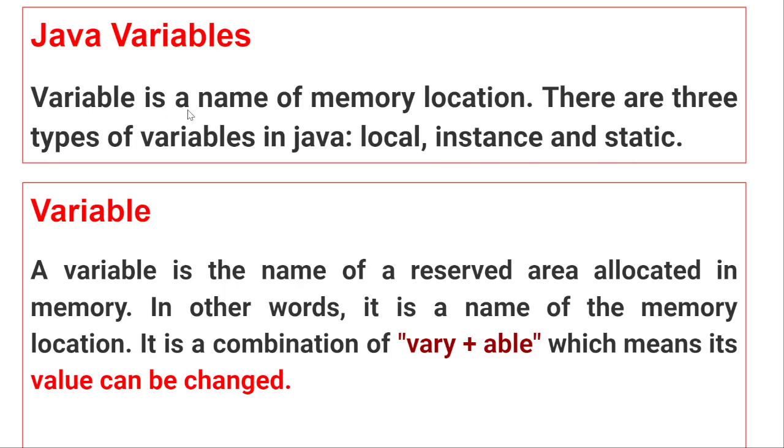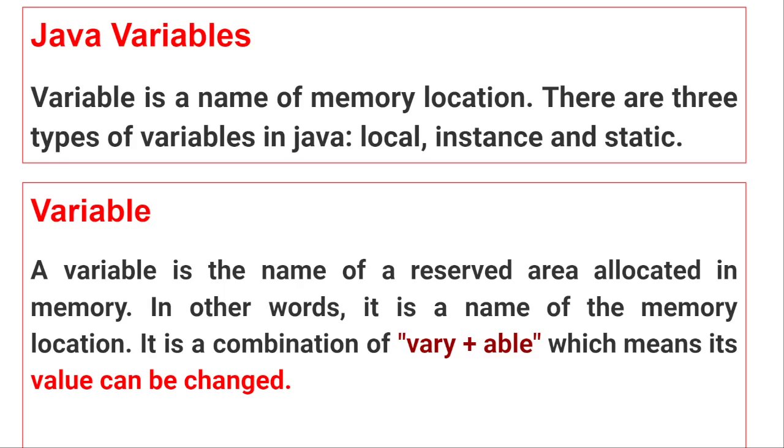First, a variable is nothing but a memory allocation name. A variable is a name for a reserved area allocated in memory. In other words, it is the name for a memory location. For example, we declare a variable name, like the name for myself, Ravi.